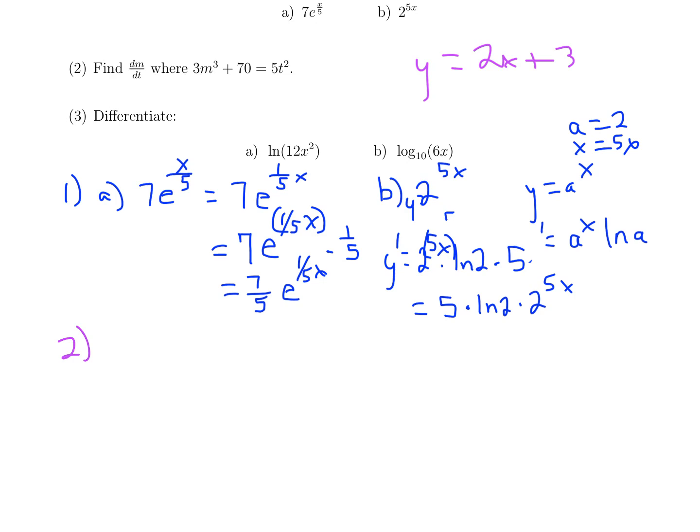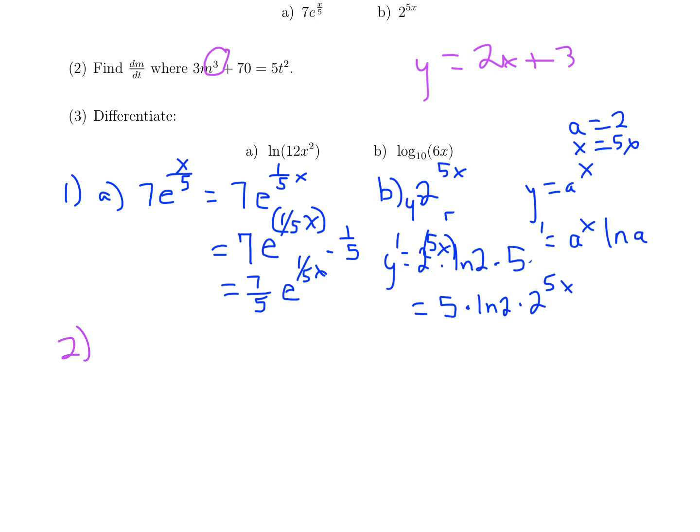So if I can rewrite this equation as m as a function of t, then I could just take the derivative the normal way. But that would also involve cubes, because I've got an m cubed here. It would mean taking the cube root of 5t squared minus 70 over 3, and that's going to be kind of a more difficult derivative to take.